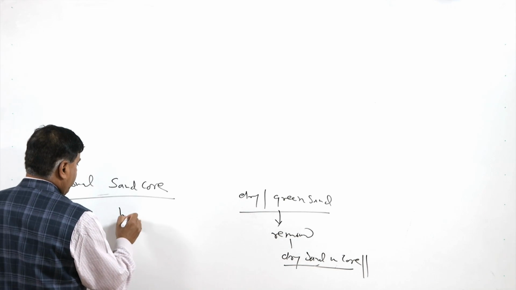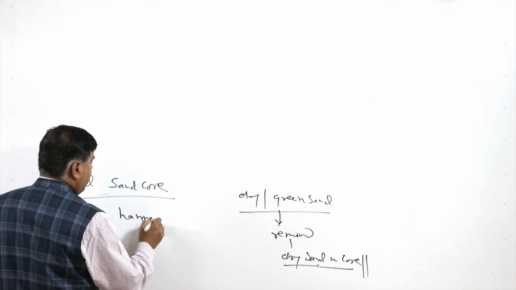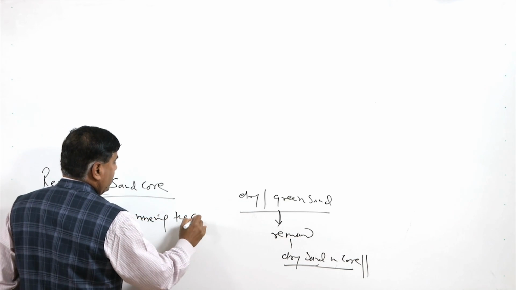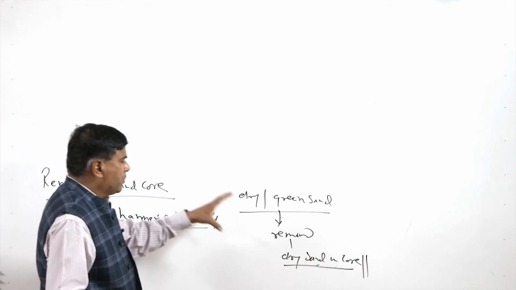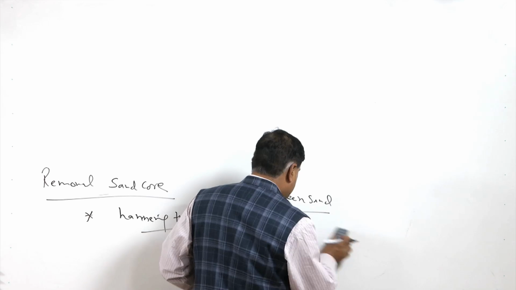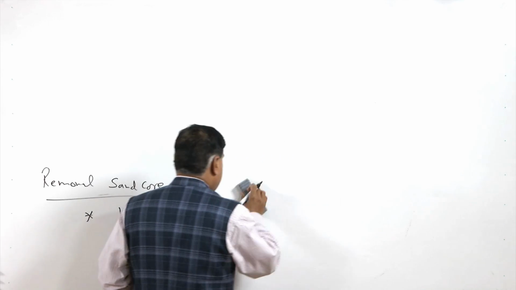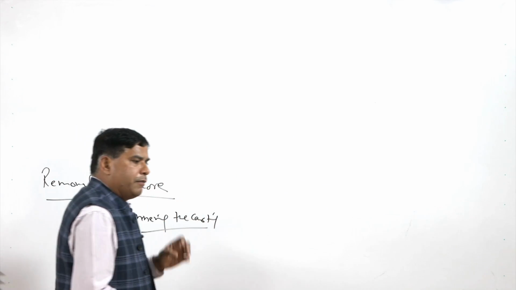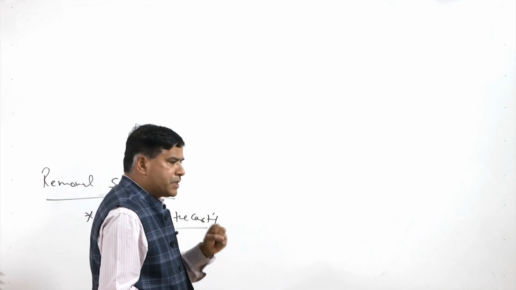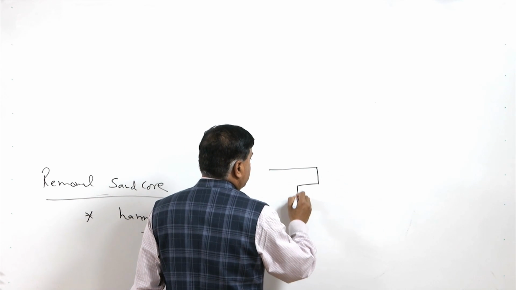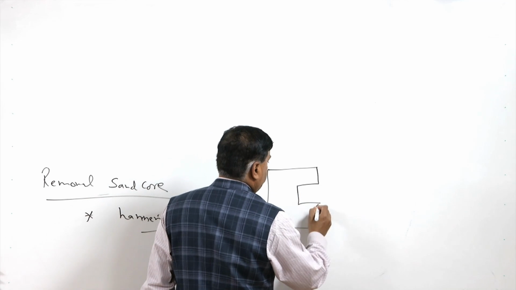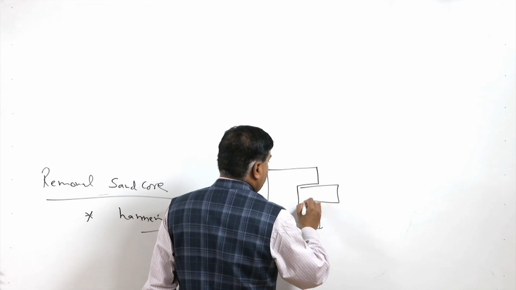the casting. This is one, so that the sand core automatically comes out of the internal features or the holes which have been used. For example, say this internal hole has been produced with the help of this sand core.